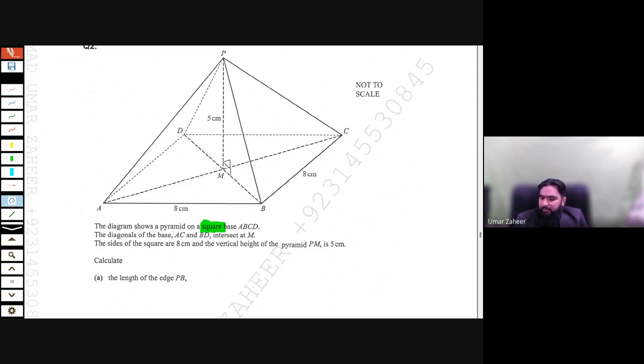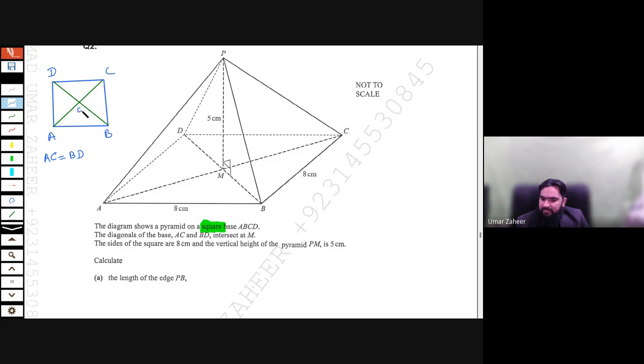The properties of a square: for example, it is a square ABCD. I'm just going to write some properties. The diagonal AC must be equal to diagonal BD. The diagonals are always equal.